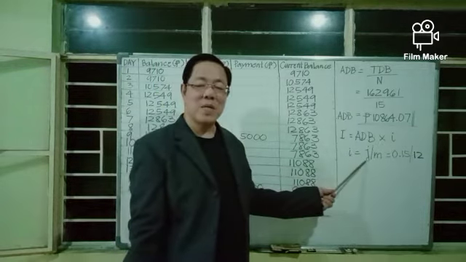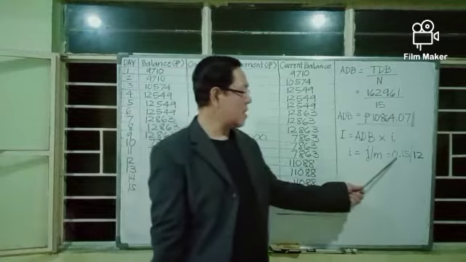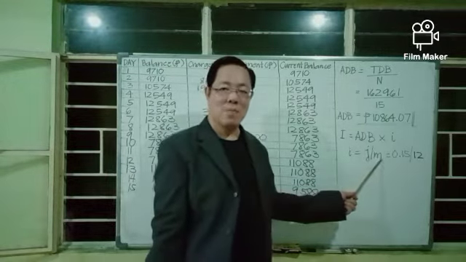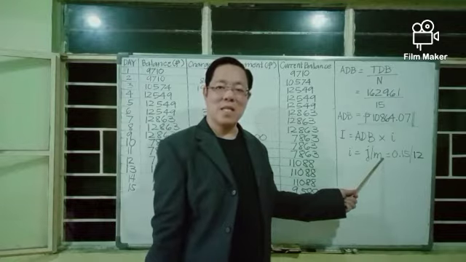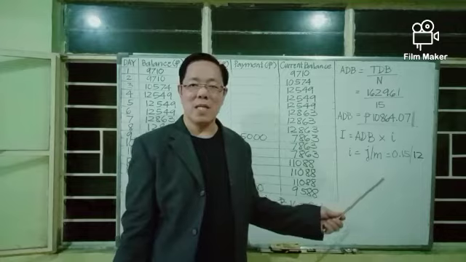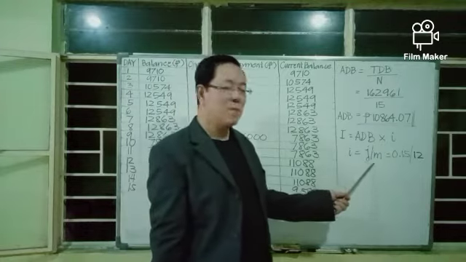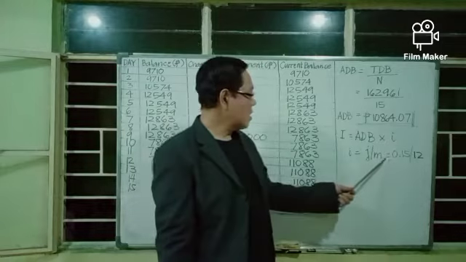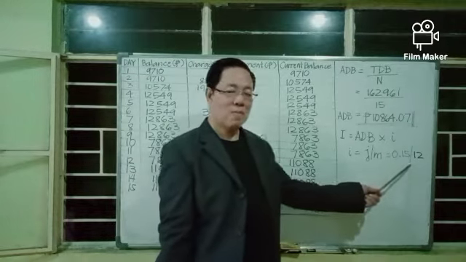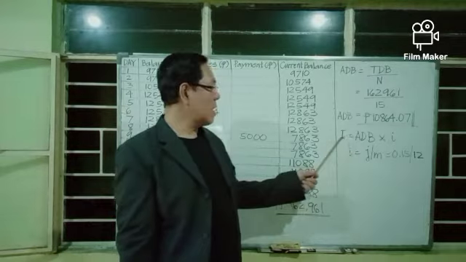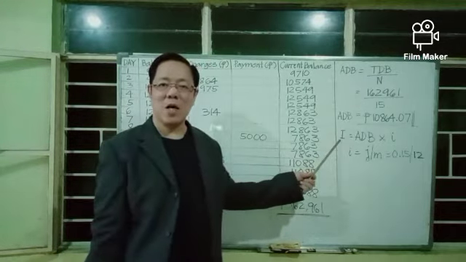The interest rate per year given is 15%, in decimal 0.15, and we divide that by 12 because the interest will be computed monthly. The monthly rate would be j divided by m, 0.15 divided by 12. We multiply that by the average daily balance to get the interest on the credit card of Nina.